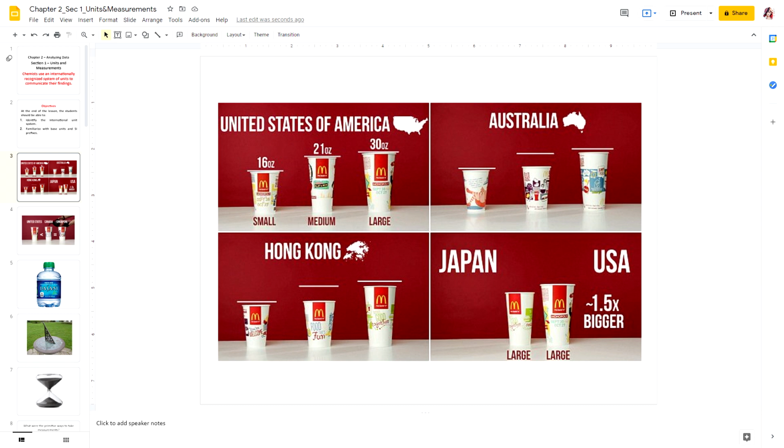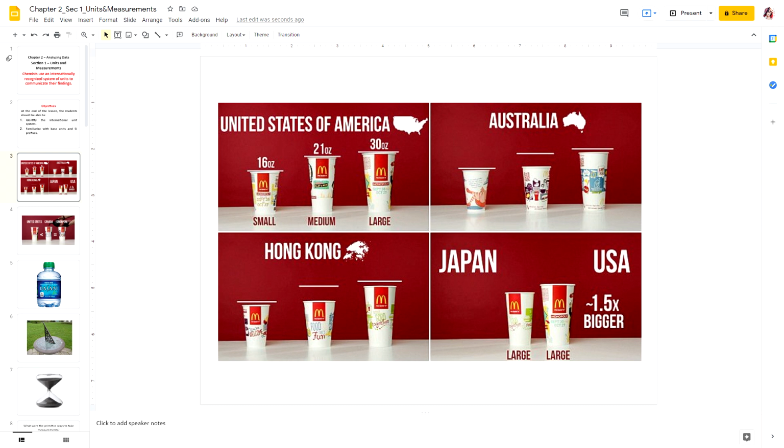In Australia, they seem to have also three different sizes. But if you compare it with the ones in the U.S., it seems that they have the same small size, but their medium is a little smaller than the medium of the U.S. and it's just a bit taller than the small.